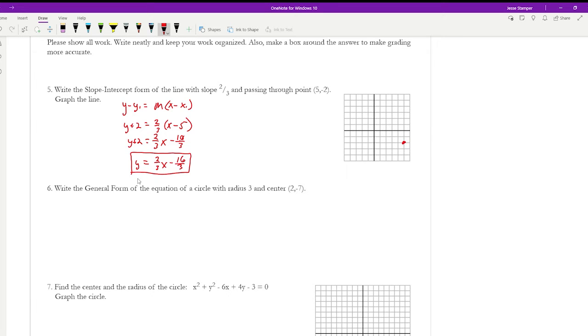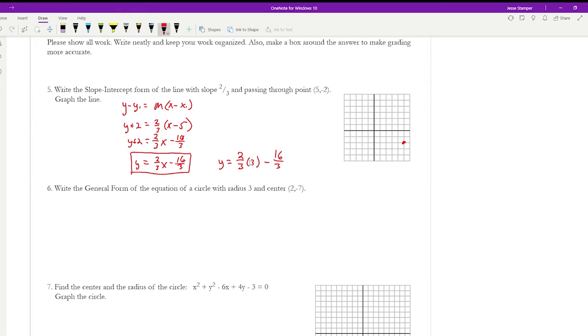We also have our y-intercept, but let's not go too far with this. Let's see. How about if we put in x equals 3? Why not? x equals 3, that'd be 2/3 times 3 minus 16/3.